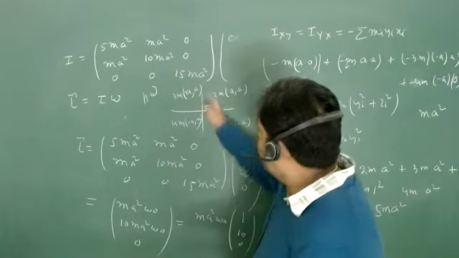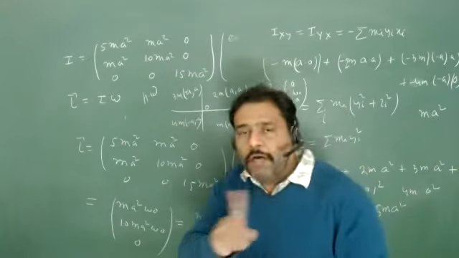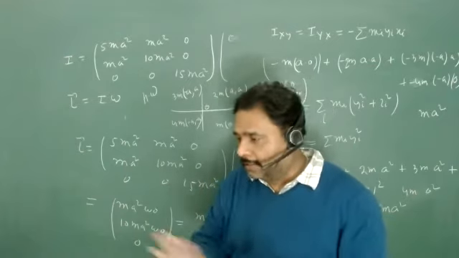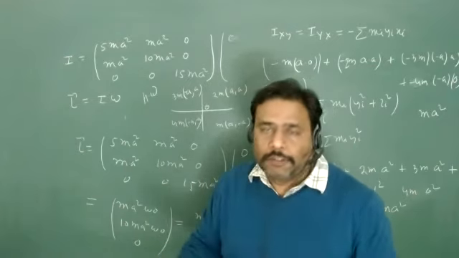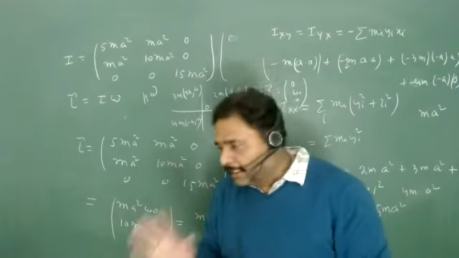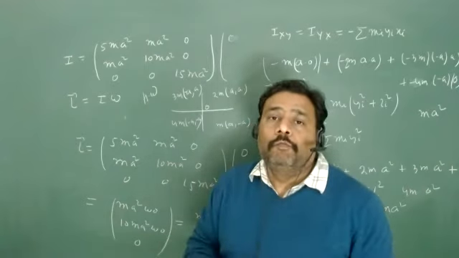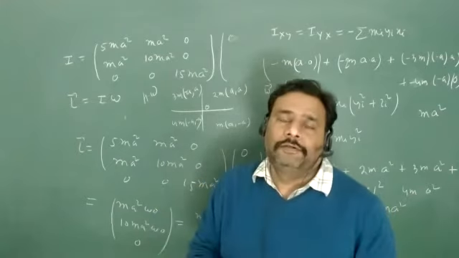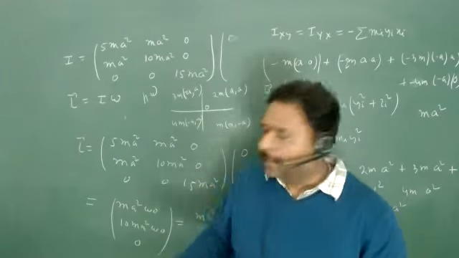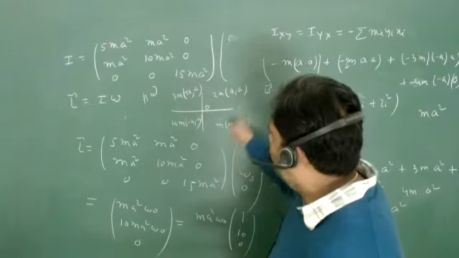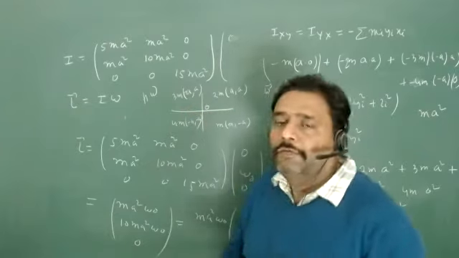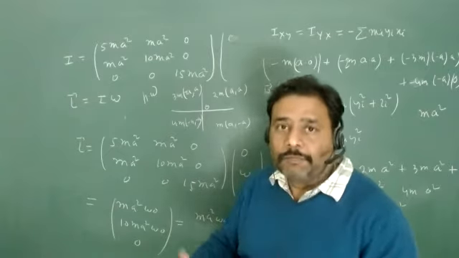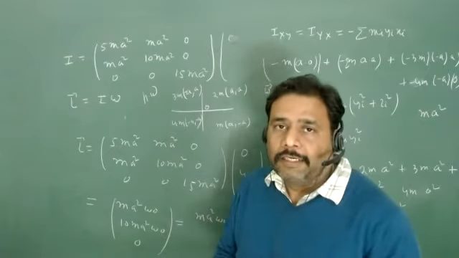And yes, the masses are the same. So this is not actually a distribution of mass. Someone said that this is the distribution of mass, but no, this is not a distribution of mass. This is the distribution of moment of inertia, the distribution of inertia about your origin. Now just try to do this as your homework, and then you will see how we can change this particular moment of inertia tensor.